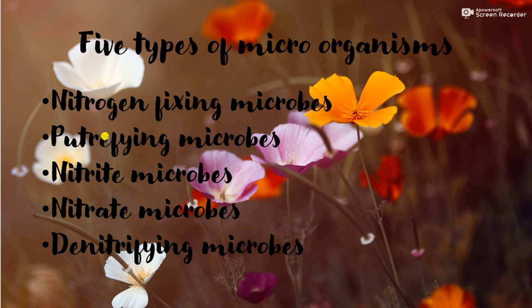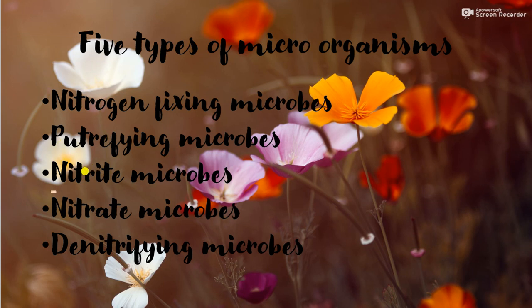They break down the proteins found in the debris of plant or animal waste, and this protein is converted back into ammonium. So this is a kind of reversal effect. This ammonium will later be taken up by the plant. So putrefying microbes are also very important. They are a kind of decomposing organisms.